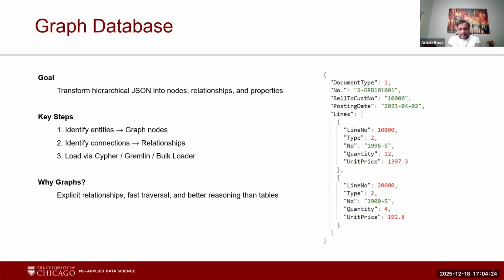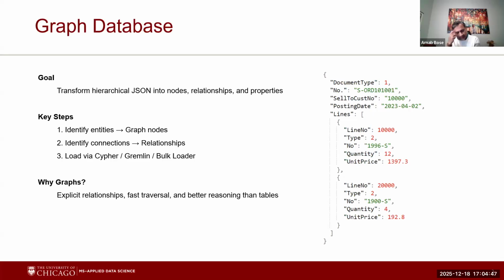I'll go to key steps number 3. There are different commercially available and also some open source loaders that will take the JSON and create a graph database out of it. Essentially, what these loaders do is identify the entities. Entities are the nodes.